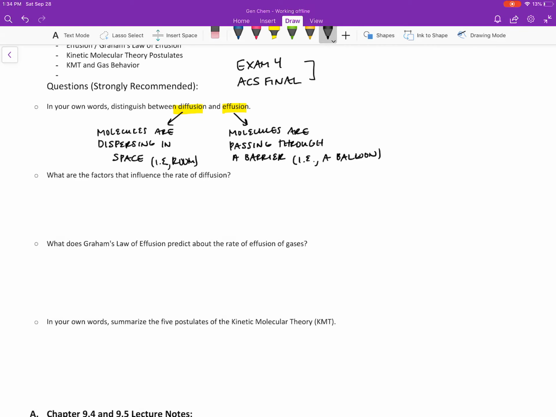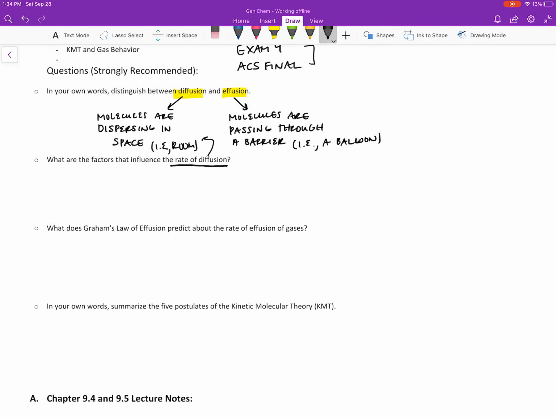So what are the factors that affect the rate of diffusion? So how quickly diffusion, which we've clarified up here, occurs. So some of the factors are concentration gradient. So you've probably learned about concentration gradients, like pH gradients, maybe in biology, and maybe in other classes like A&P classes.